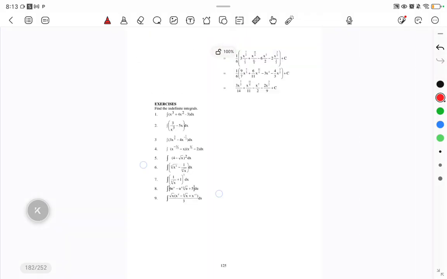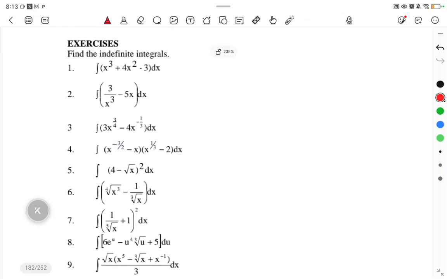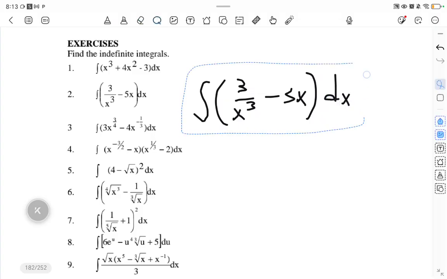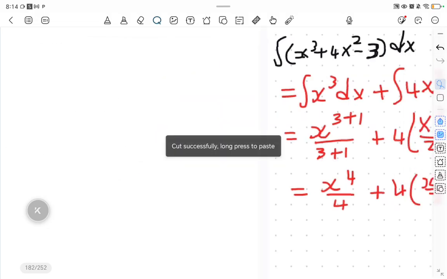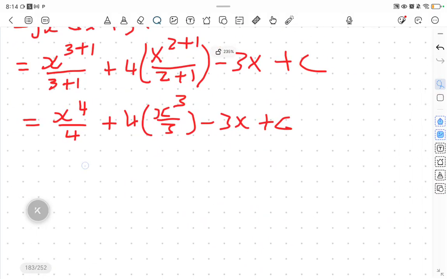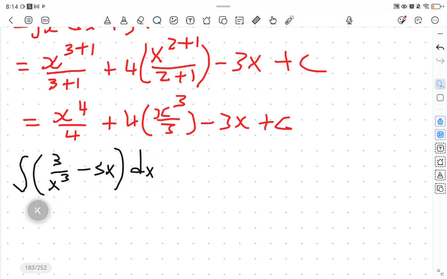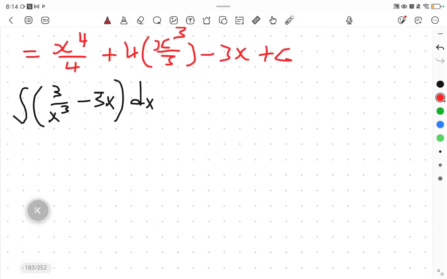So if I come to the second one, I'm given the integral of 3 over x to the third minus 5x dx. So first thing I do is distribute.